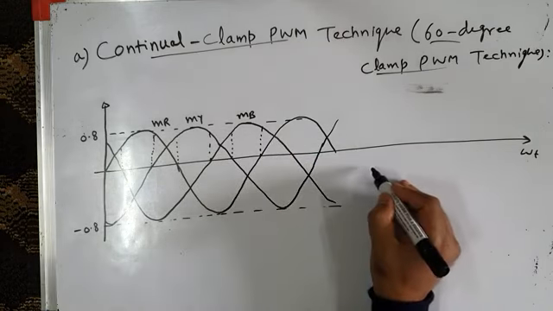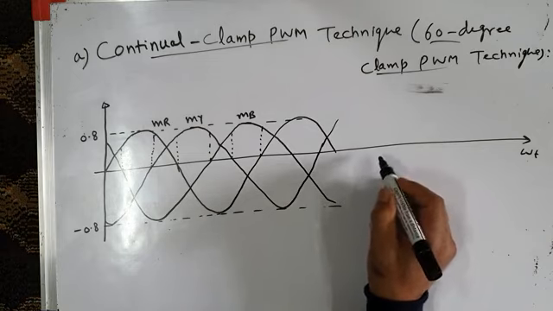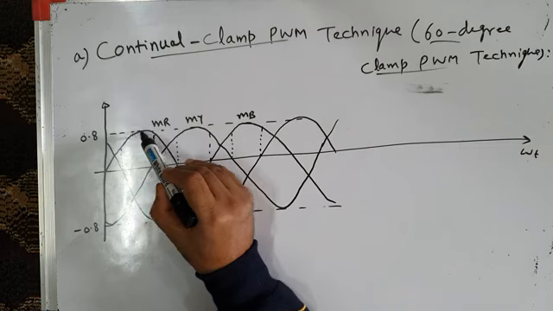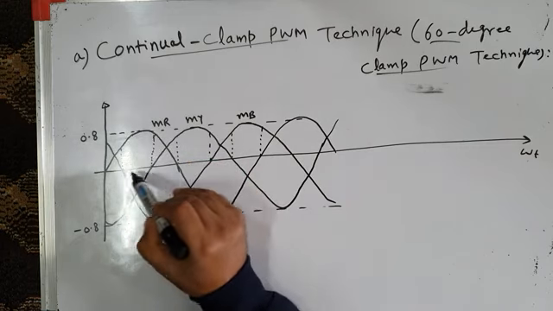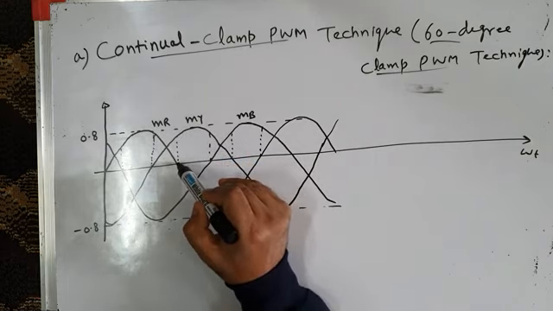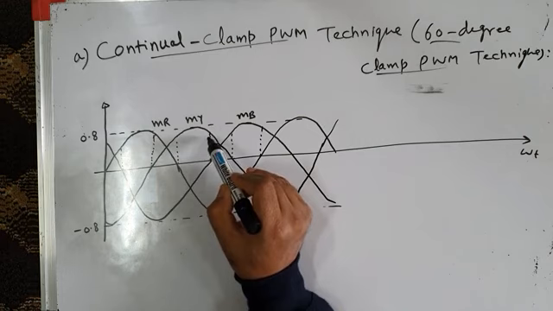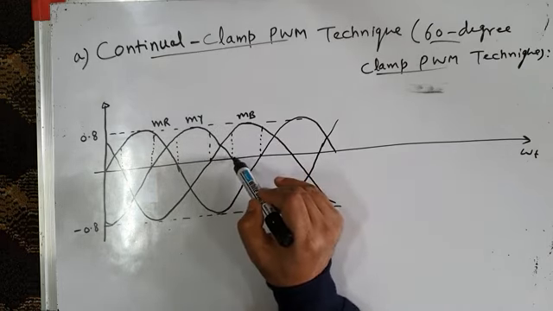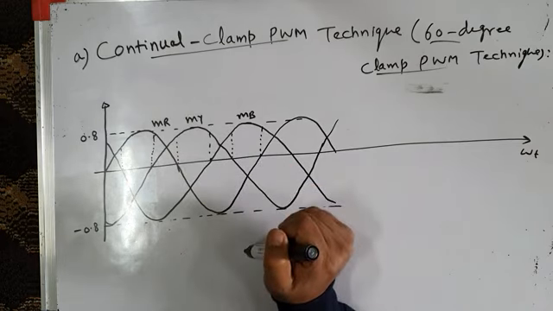So I can write like this: MR is having maximum positive value from 60 to 120 degrees. MY is acquiring maximum positive value from 180 degrees to 240 degrees. And MB is acquiring maximum positive value from 300 to 360 degrees.